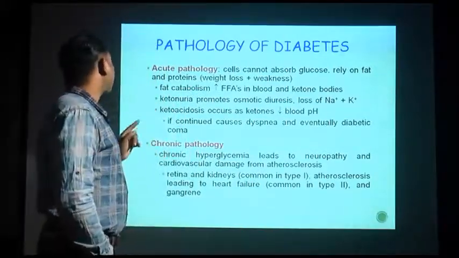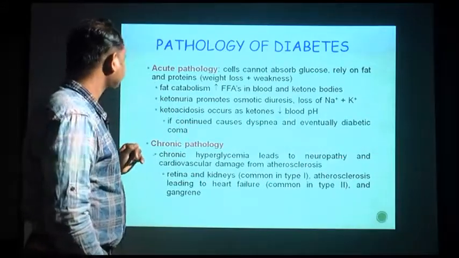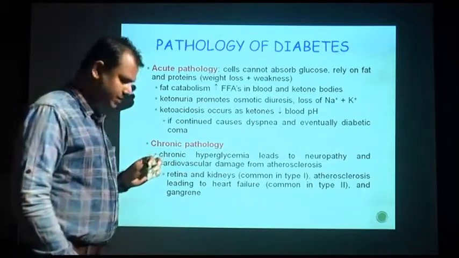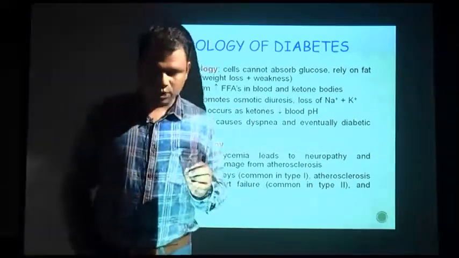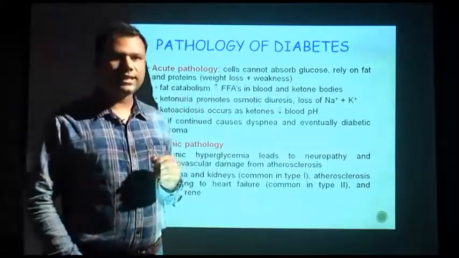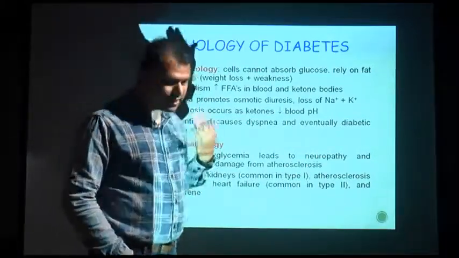Okay. So, fat catabolism increases, ketonuria promotes osmotic diuresis and loss of sodium and potassium. Why? As your body is regularly utilizing proteins, there is a chance the body can produce ketone bodies.